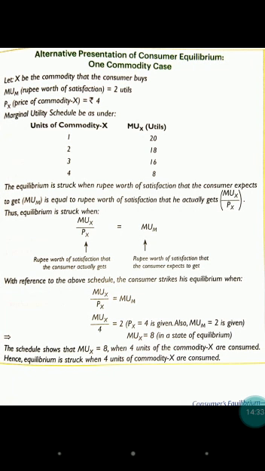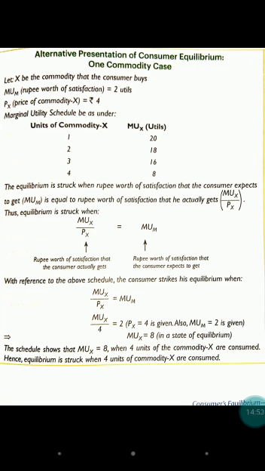Now let X be the commodity that the consumer buys. Second, MUM, the rupee worth of satisfaction, is 2 utils. When we pay 1 rupee, we get 2 utils of satisfaction.